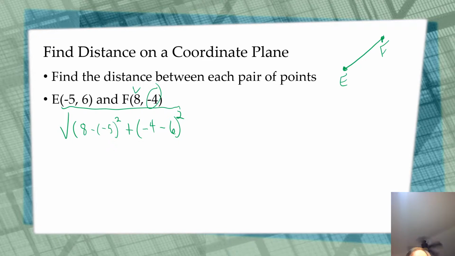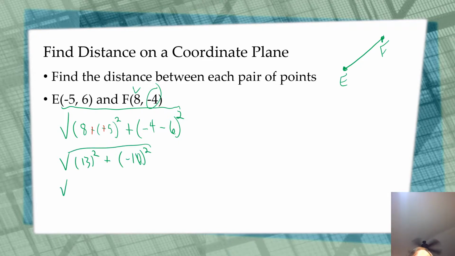Now, this negative right here, 8 minus negative 5, becomes a plus. And so now we have the square root of 13, 8 plus 5 is 13, 13 squared plus negative 4 minus 6, that's negative 10 squared, and we're eventually going to take the square root of all of that.